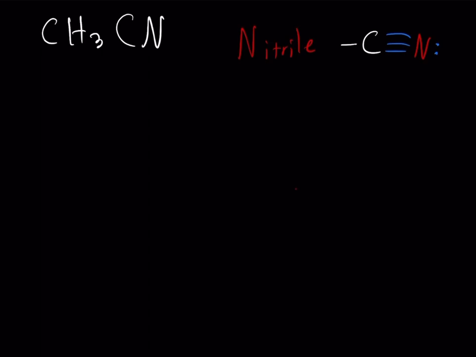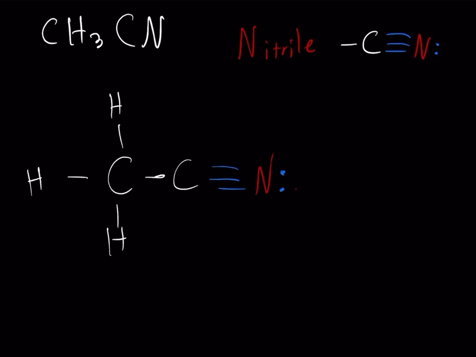So the way we draw this, we have a CH3 on the left, and then we have a CN, so you have a carbon on it, and then that's triple bonded to a nitrogen. So that's what it would look like.